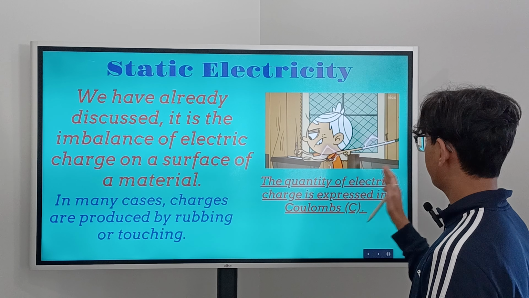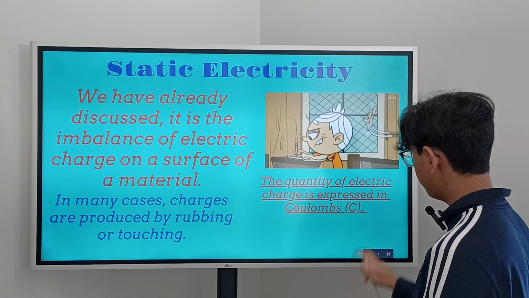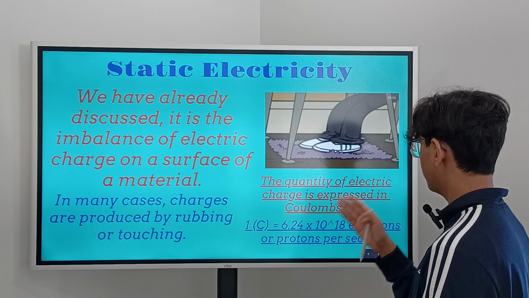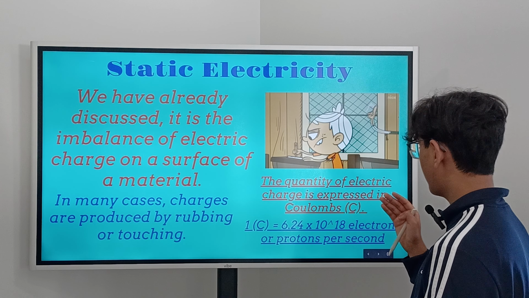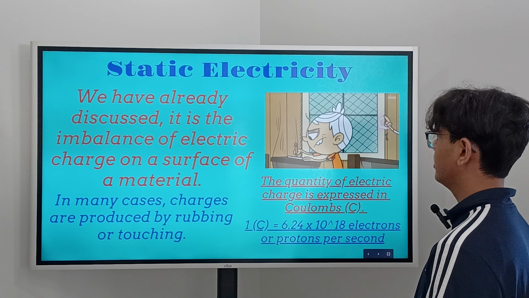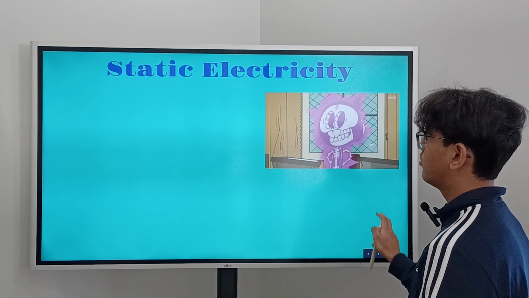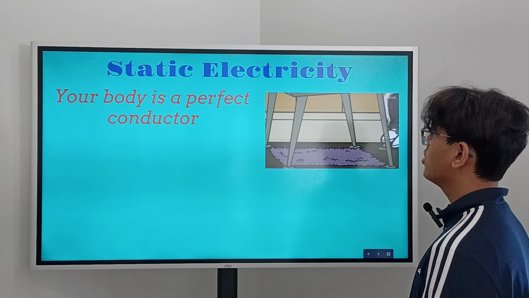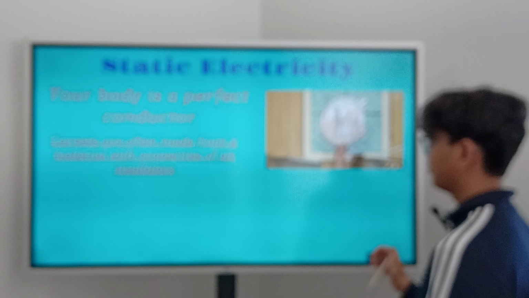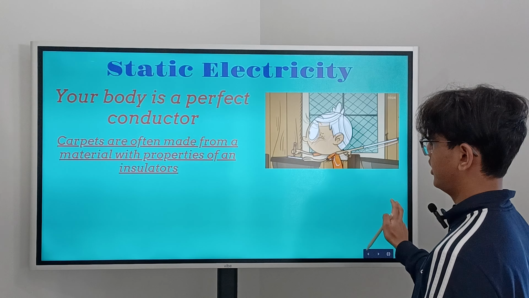The quantity of electric charge is expressed in coulombs, known as just C. One coulomb is equal to 6.24 times 10 to the power of 18 electrons or protons per second. So that's just a little bit of what static electricity is. Furthermore, in static electricity, we know that our body is a good conductor, while carpets are often made out of a material with the properties of insulators.